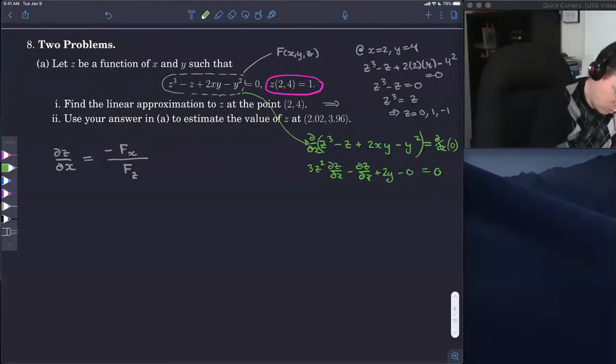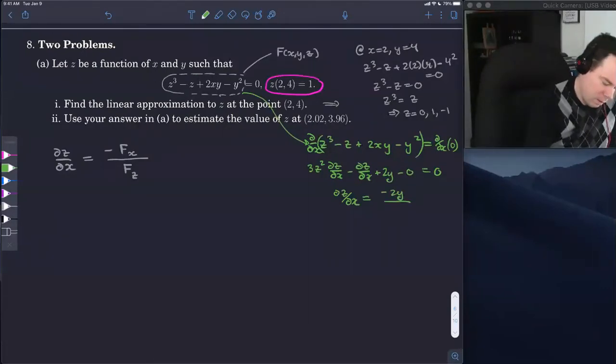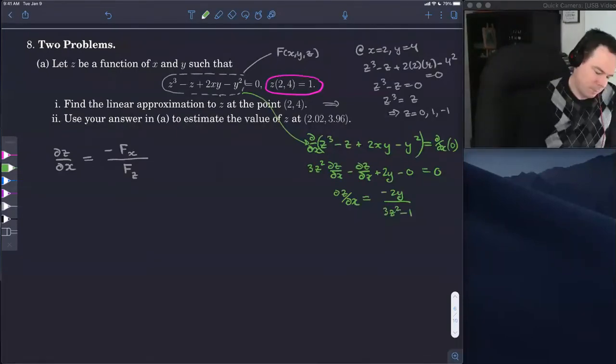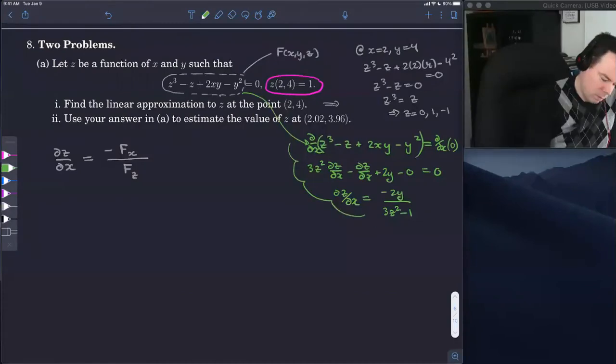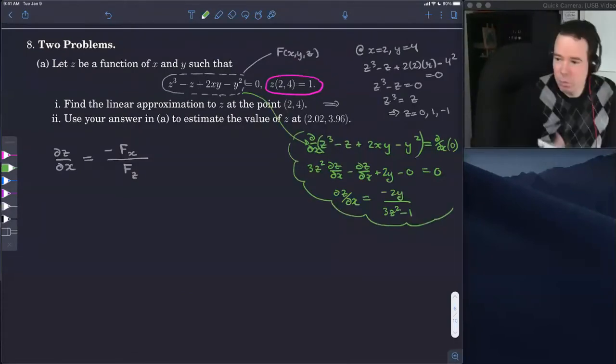And so then you could solve. You could get del z del x is equal to, and you move things around. There's a negative 2y that comes over, and then we get a 3z squared minus 1. Okay, and so that's how we could do it.